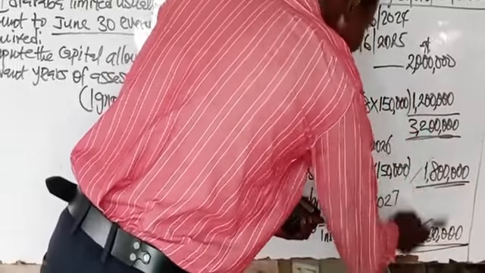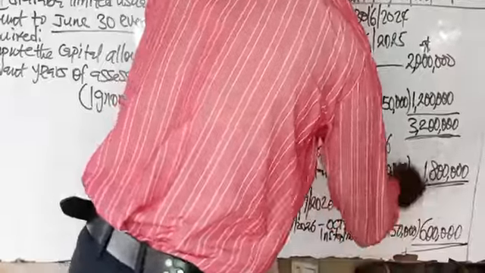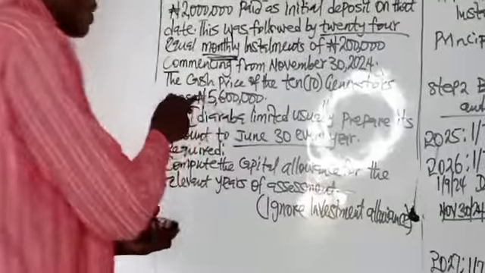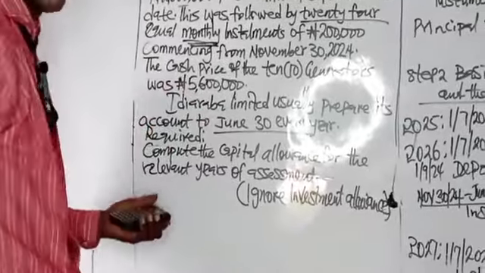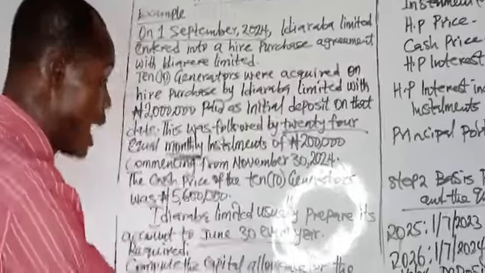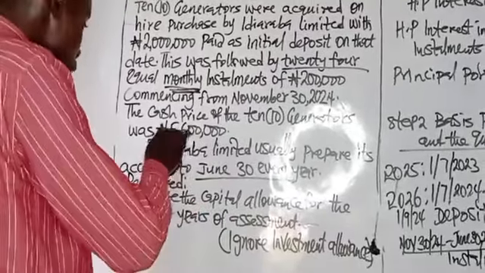The sum of these 3 is 5.6. The 5.6 million is the cash element. If you look at the question, you are given the cash element to be 5.6 million. If you sum up the capital element together for those periods, it must be equal to the cash element.